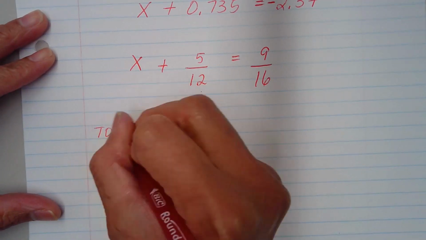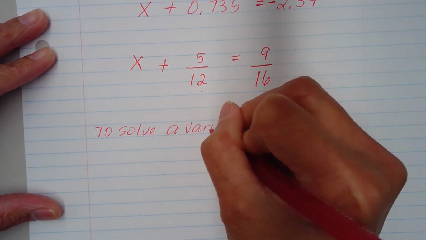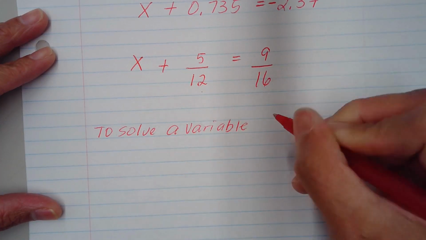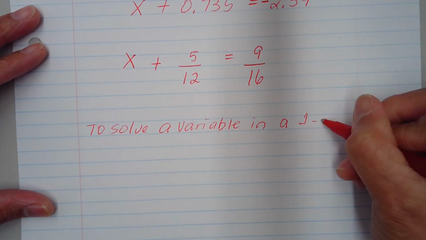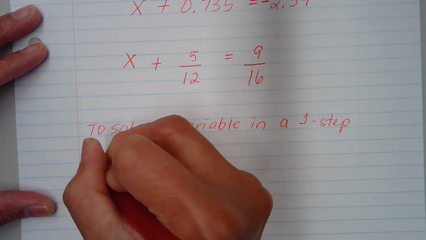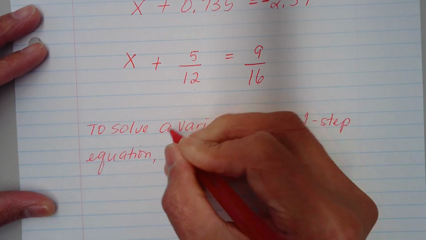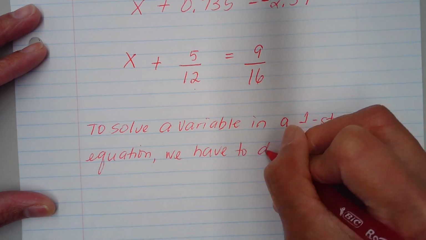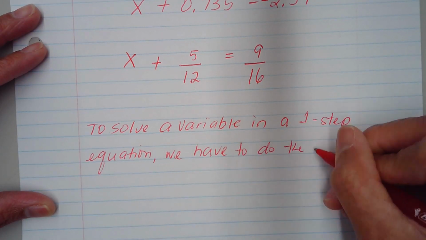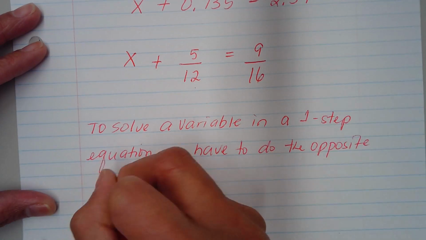So, to solve for a variable in a one-step equation, we have to do the opposite operation.